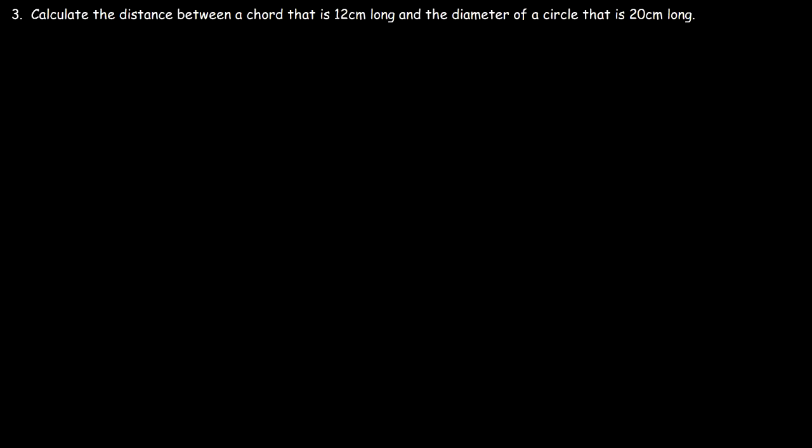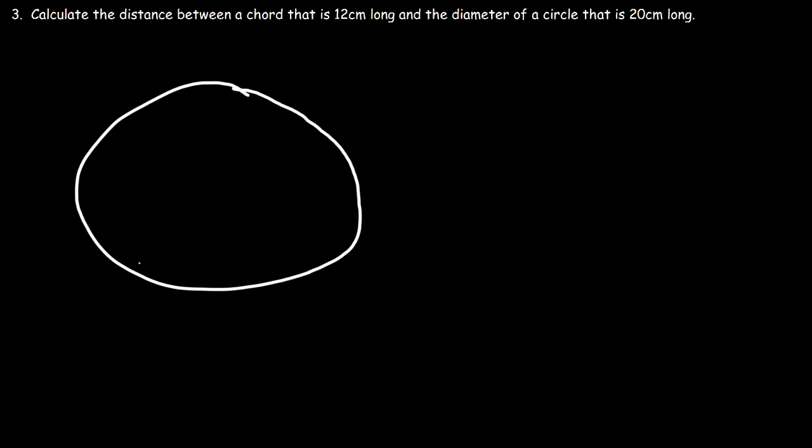Now let's move on to our next problem. Calculate the distance between a chord that is 12 centimeters long and the diameter of a circle that is 20 centimeters long. So let's start with a picture. Let's say this is the chord, and, actually, let me redraw this.